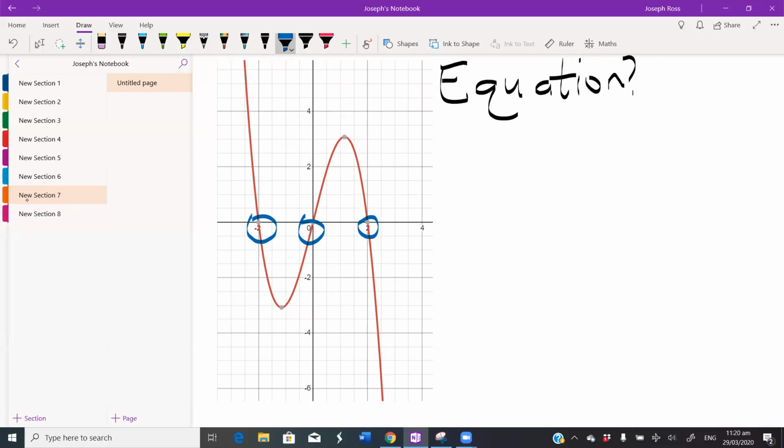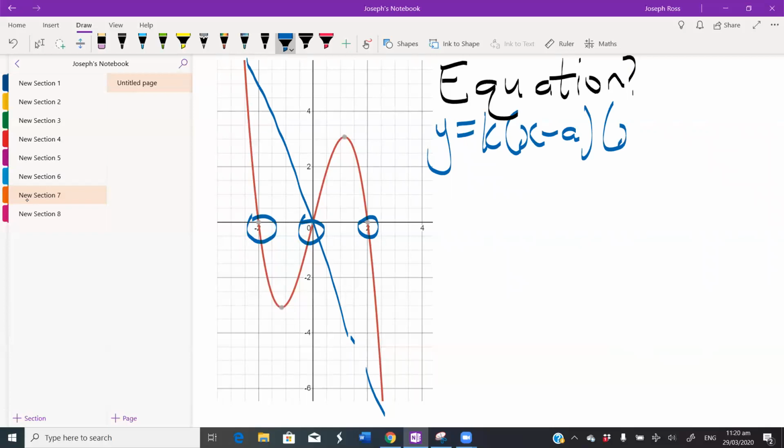It starts off going down, then it's going up for a bit in the middle, then going down again. Overall, the whole thing has this downwards trend, which means we are expecting a negative value of k in y equals k times (x minus a)(x minus b)(x minus c). So we should get a negative for our value of k here.